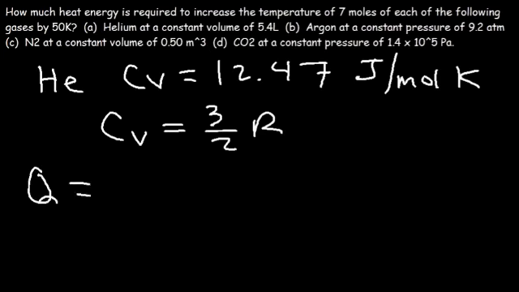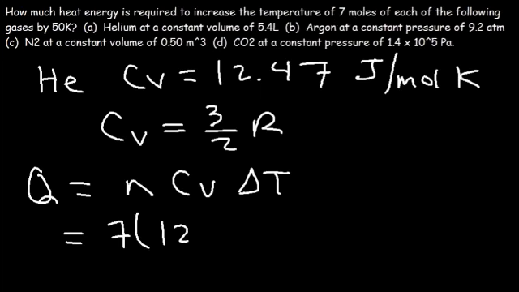Q is equal to n CV delta T. So we have 7 moles of gas. CV, let's use 12.47. And delta T, the change in temperature, is 50 Kelvin.